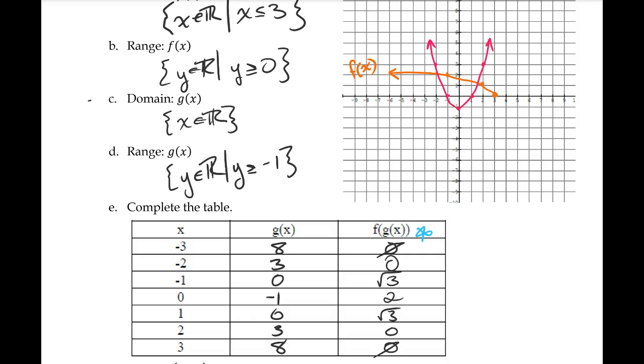So I don't have a point there. -2 and 0, sorry. -1 and square root of 3, which would be roughly here-ish. Okay. 0 and 2. 1 and 3, 2 and 0. And so we end up with this weird, just like mini parabola that actually has a restricted domain.